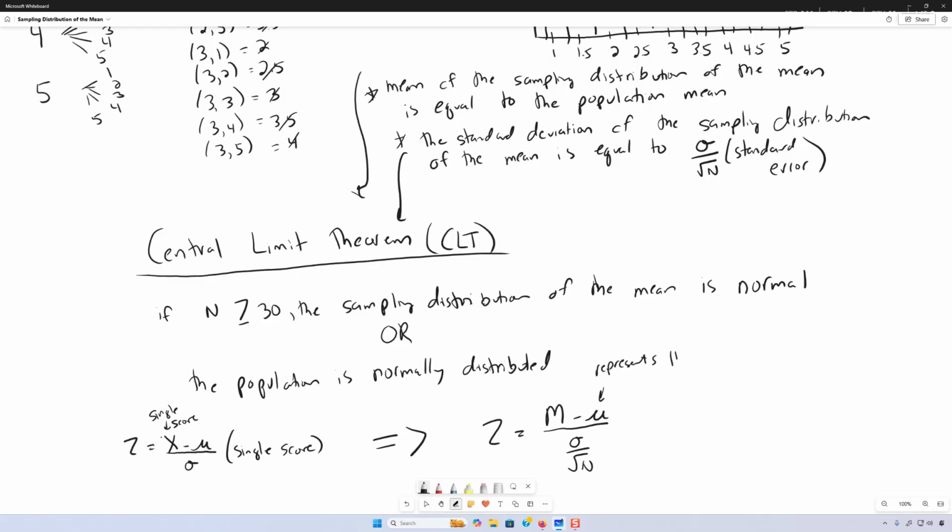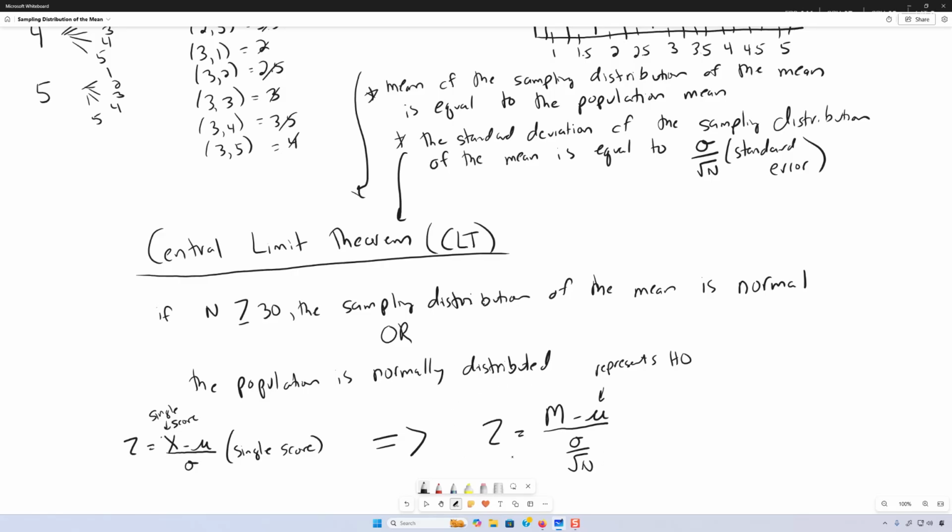So we're saying, is our sample mean different from what we'd expect if the null is true? But since we're using a sample mean, we have to adjust our measure of variance because the sampling distribution of the mean, right, is going to be less variable than the single score population standard deviation, right? So we have to adjust by using the standard error, sigma over square root of n.